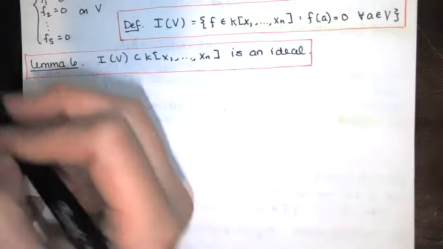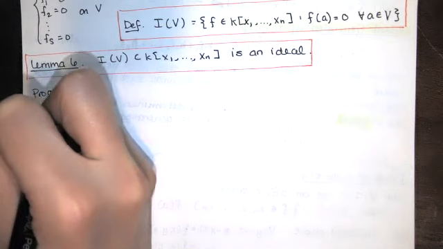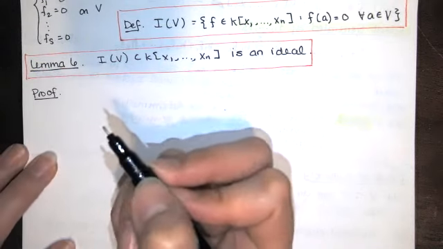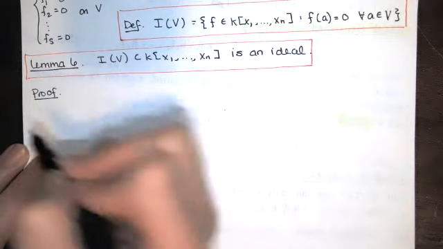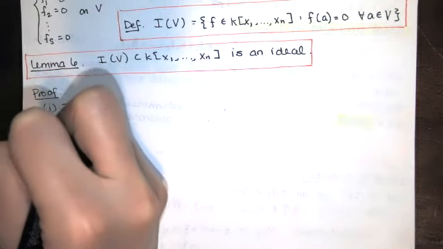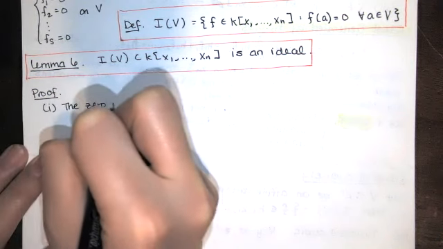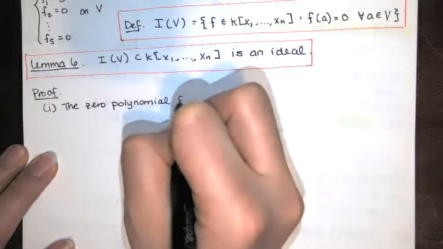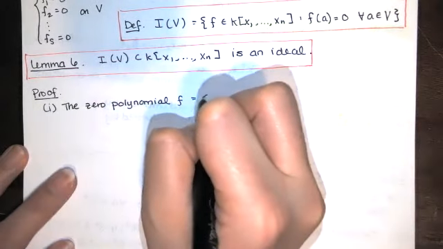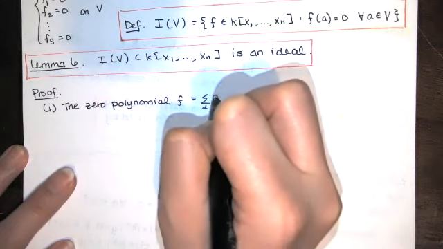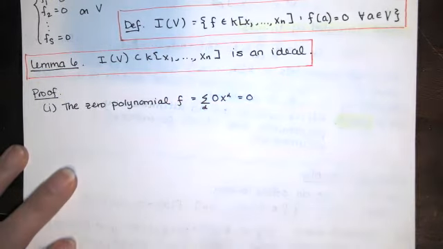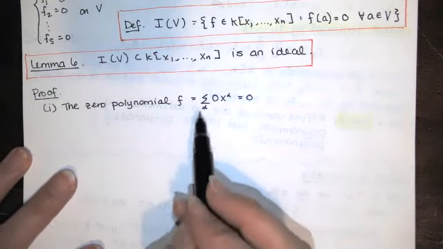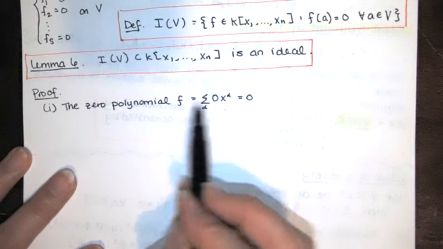The first condition is actually really easy to check. Let's say we're talking about the 0 polynomial. Remember what the 0 polynomial is. That is a polynomial f defined in this way: the sum over alpha of 0 times x to the alpha. It's equal to 0 because all of the coefficients are equal to 0. It does not matter what you plug in for x.